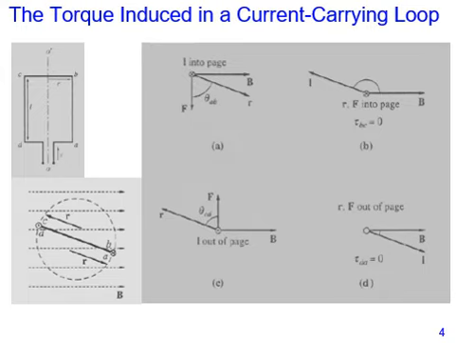As you can see on the left diagram, the loop is shown from side view and top view in the presence of B. In the right diagram, you can see four parts, and in part A, the torque for the segment AB is calculated.